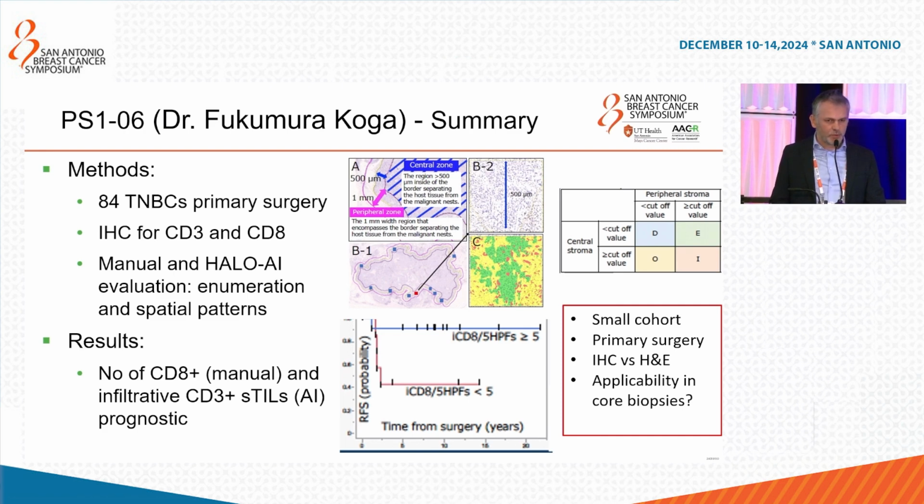And they also used immunohistochemistry, which is not as common as the evaluation in the standard H&E sections that are used in most AI-based algorithms today. And of course, the question remains whether this can be applied in core biopsies that are used in triple-negative for neoadjuvant therapy, as the invasive margin cannot really be defined in the biopsies.